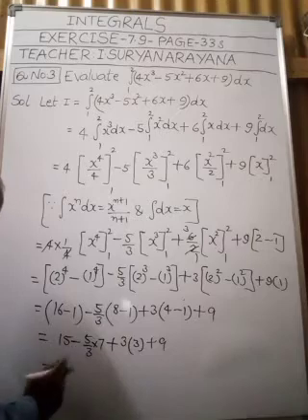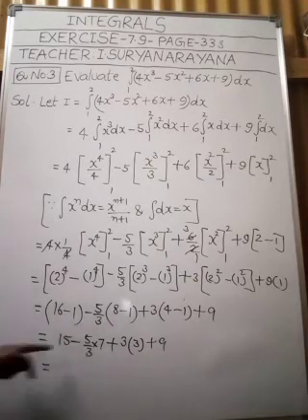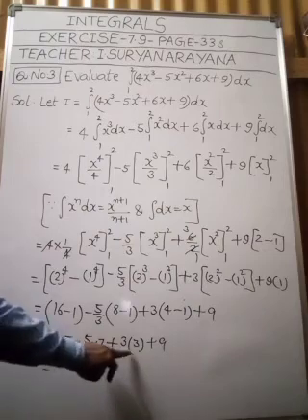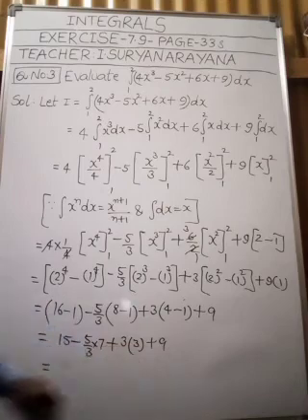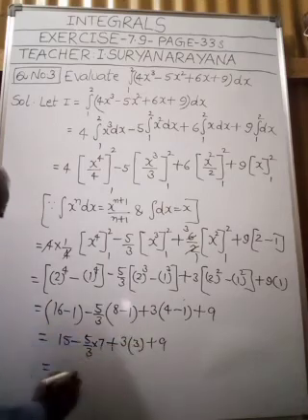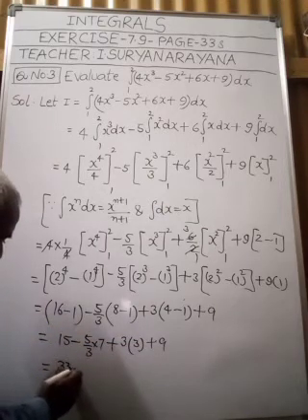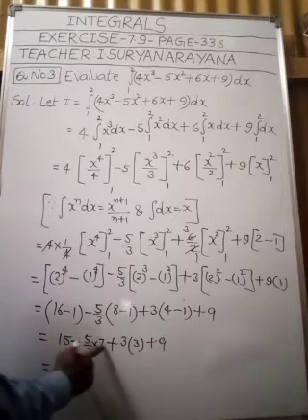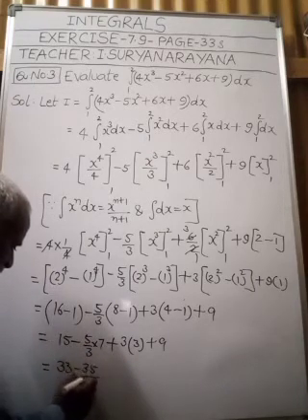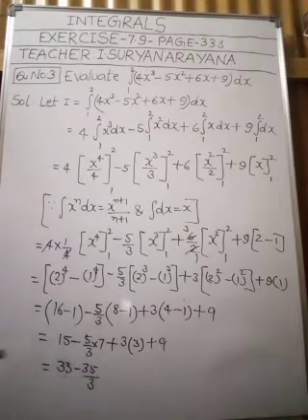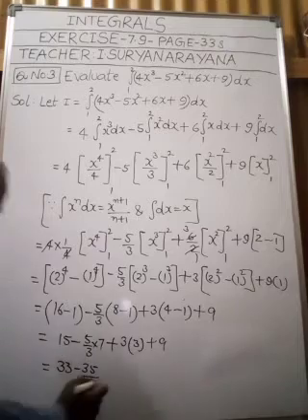15. I am directly finding the value. 15 plus 9. 3 3s are 9. 15 plus 9, what will you get? 24. 24 plus 9, 33. Minus 5, 7 5s are 35, by 3. Understood this step? Now let us simplify these two numbers. Take LCM.